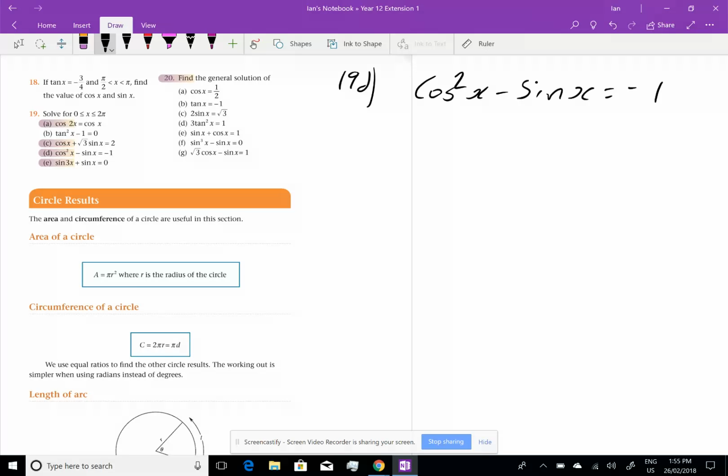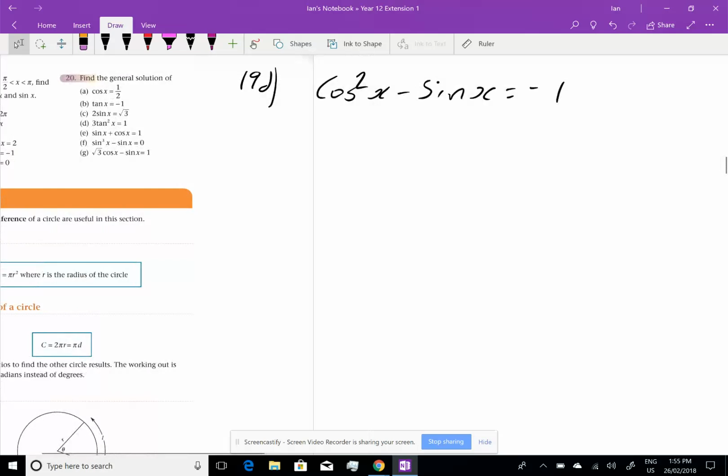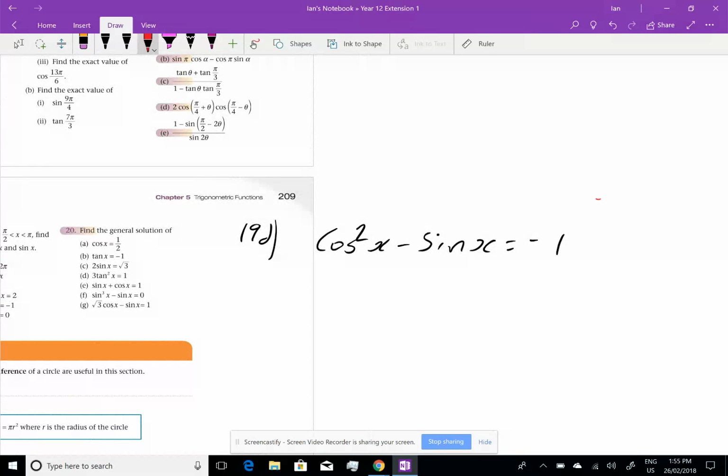So I could solve this, but I need to write cos squared x or sine squared x in the other trigonometric ratio. Luckily, you should remember that, and it's on your maths formula sheet: the trig identity of sine squared x plus cos squared x equals 1.